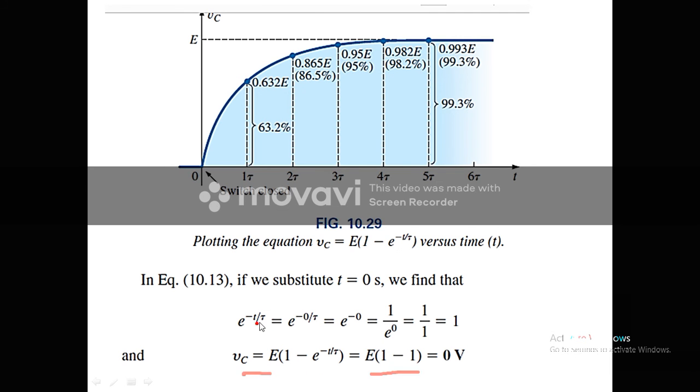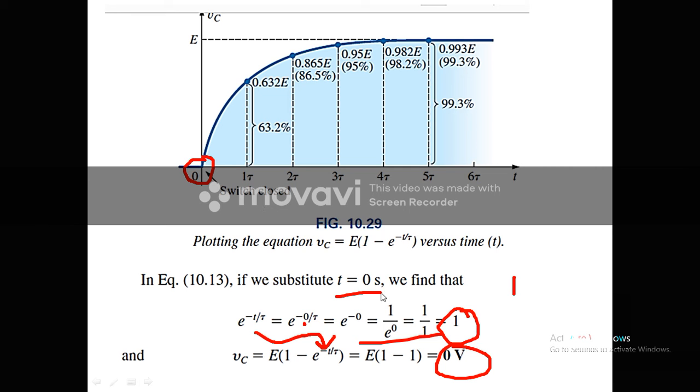E raised to the power minus t by tau, with t is equal to 0. Putting t is equal to 0, we will get 1. So 1 minus 1, we will get Vc is equal to 0 volt. So at t is equal to 0, the voltage across the capacitor will be equal to 0. How?